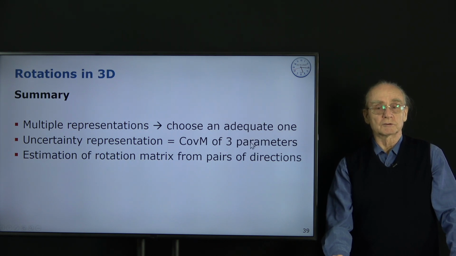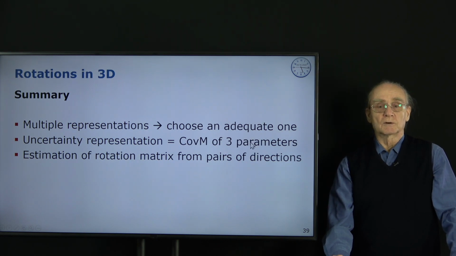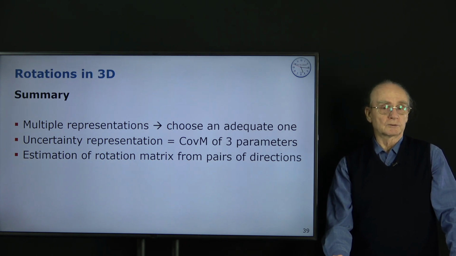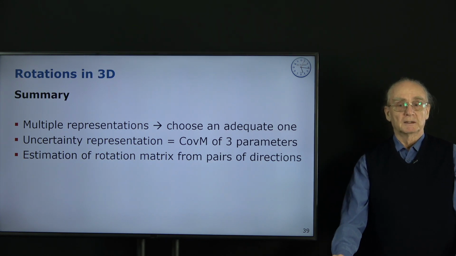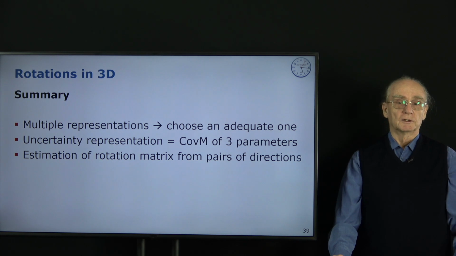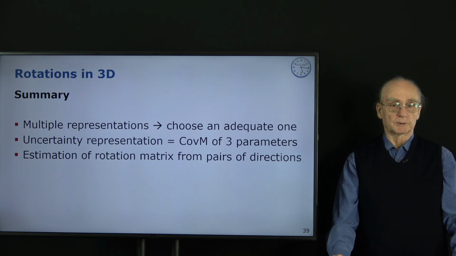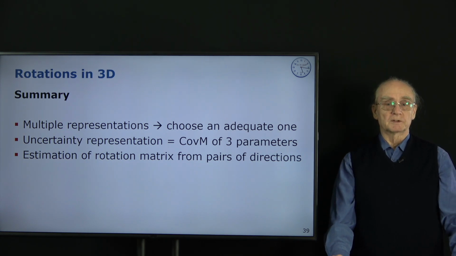We showed this for rotation matrices. We saw that this could be extended to quaternions, and it can also, of course, be transferred to the other representations. And finally, we saw how to derive rotation matrices for pairs of directions, which is quite useful if you want to get approximate values for some iterative procedure which requires approximate values. So this closes the rotation section.